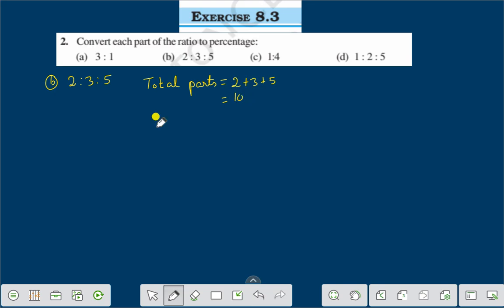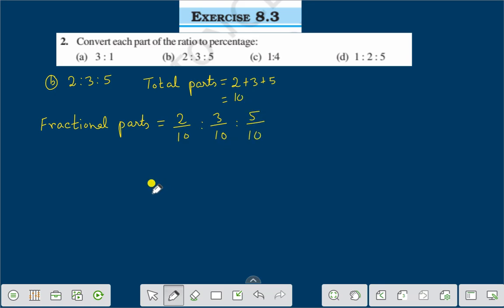Total part is 10. Therefore, the fractional parts are equal to 2 by 10 is to 3 by 10 is to 5 by 10.